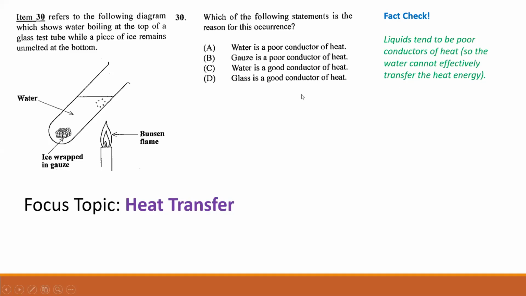Another thing you can look at is that it takes more energy to get water to boil than to melt the same amount of ice. So taking 1 gram of water from 0 to 100 degrees Celsius requires more energy than melting 1 gram of ice at 0 degrees Celsius. Your answer should be A.